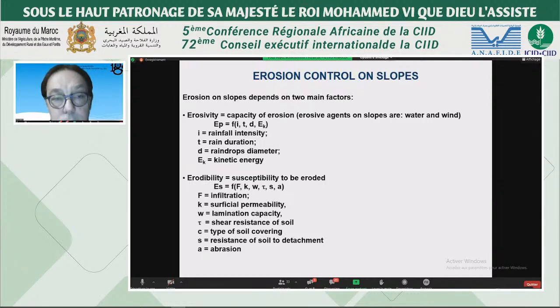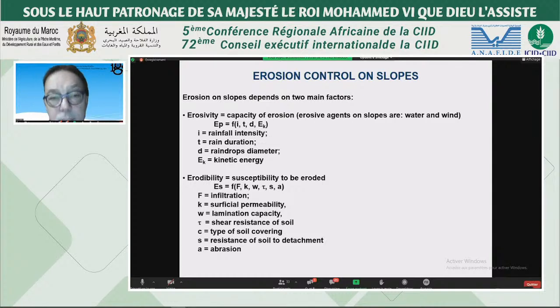L'érosivité, c'est-à-dire la capacité d'érosion des agents érosifs sur les pentes, qui sont l'eau et le vent. Et EP égale F de I, T, D, E, K, I étant l'intensité pluviale, T la durée.